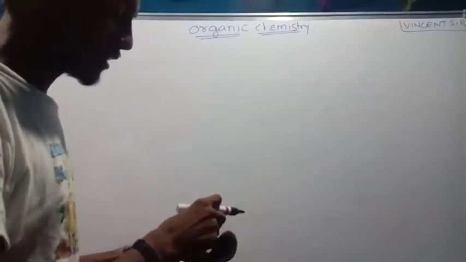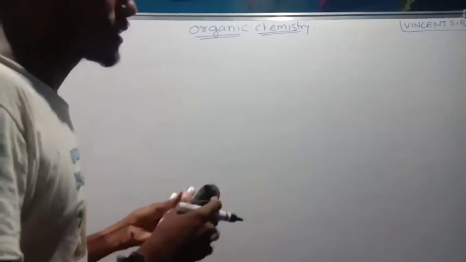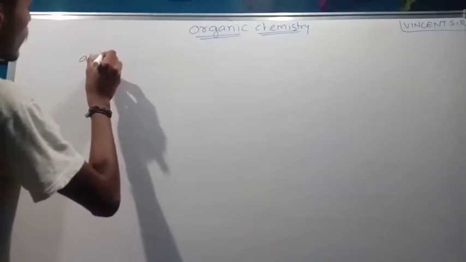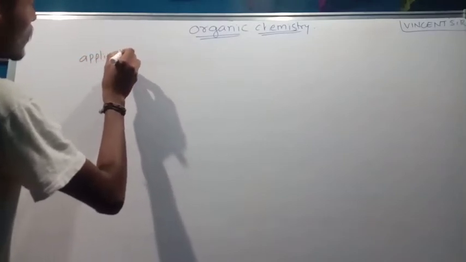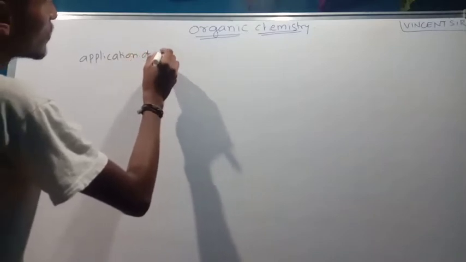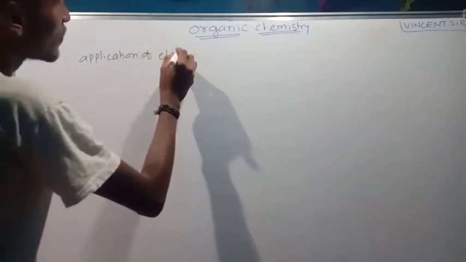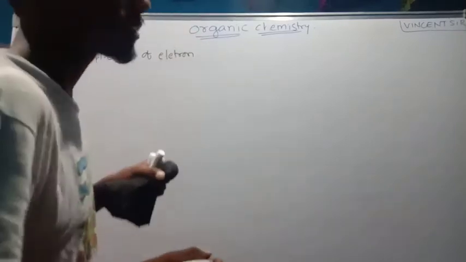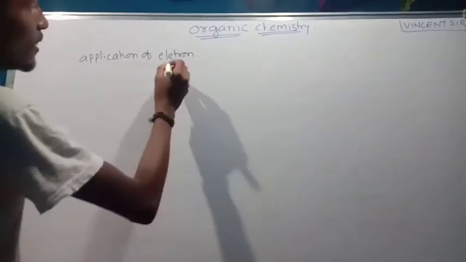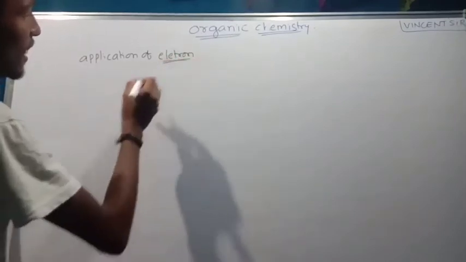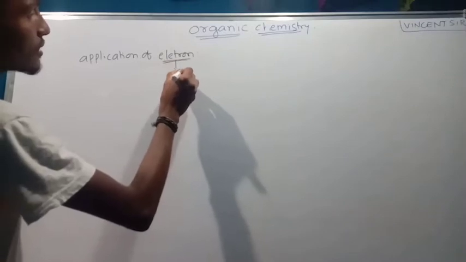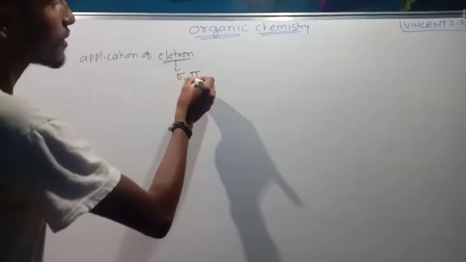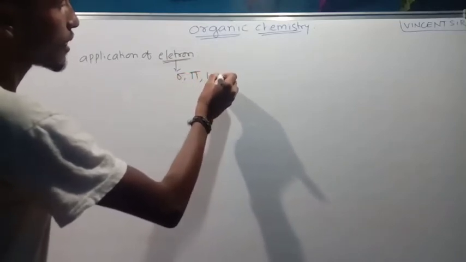Now I have to enter into the application of the electron concept. These electrons are involved in sigma and pi. The electrons are of three types: sigma bonding electrons, pi bonding electrons, and lone pair of electrons.